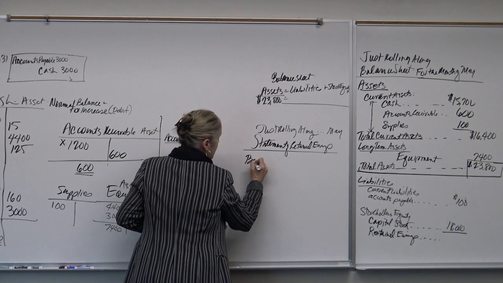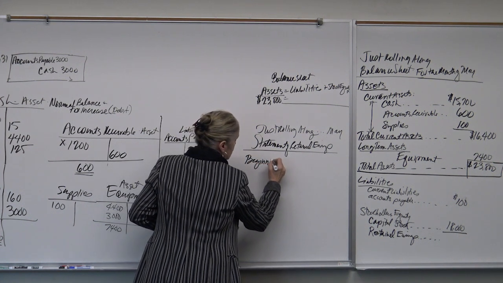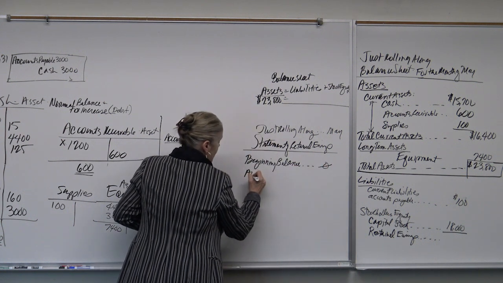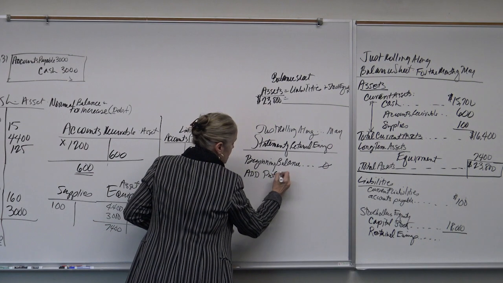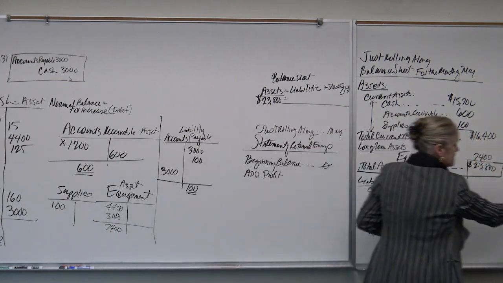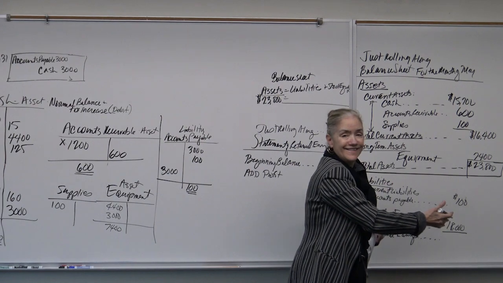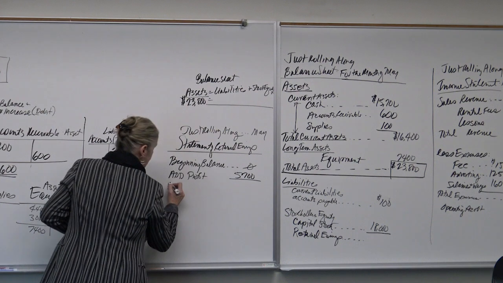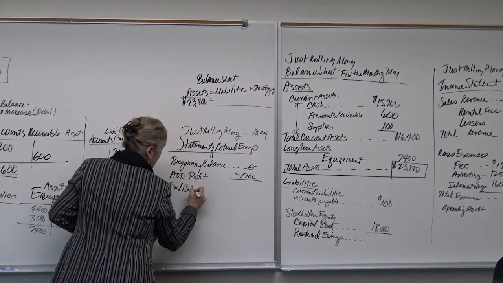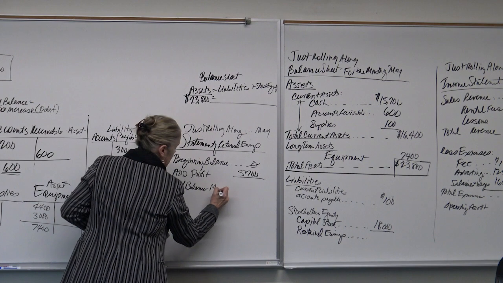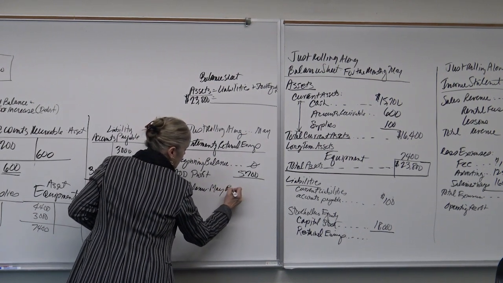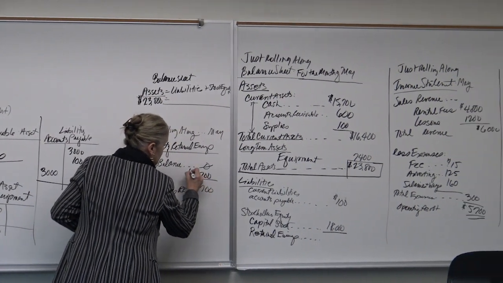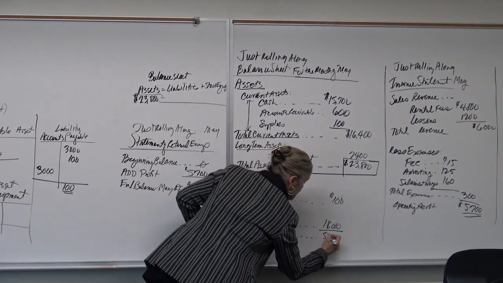I'm going to start with my beginning balance of 0. I'm going to add profit, which I just discovered was 5,700, 6,000 minus expenses of 300. So my ending balance for May for the retained earnings is 5,700, and that is going to be also taken into consideration here.